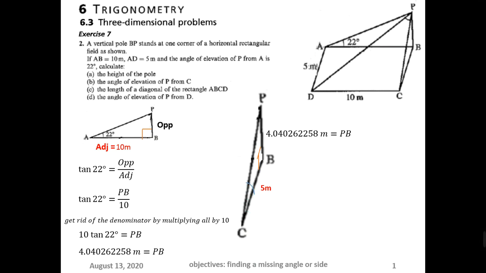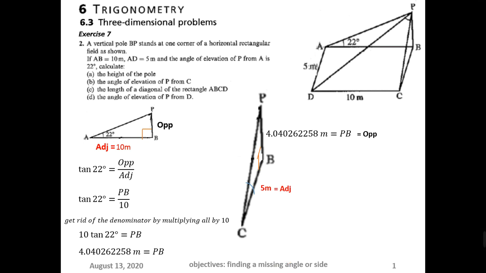Now, my unknown angle and the two given sides: this is the adjacent side of the unknown angle, which is 5 meters, and the opposite side, which is 4.04, as per the unknown angle.